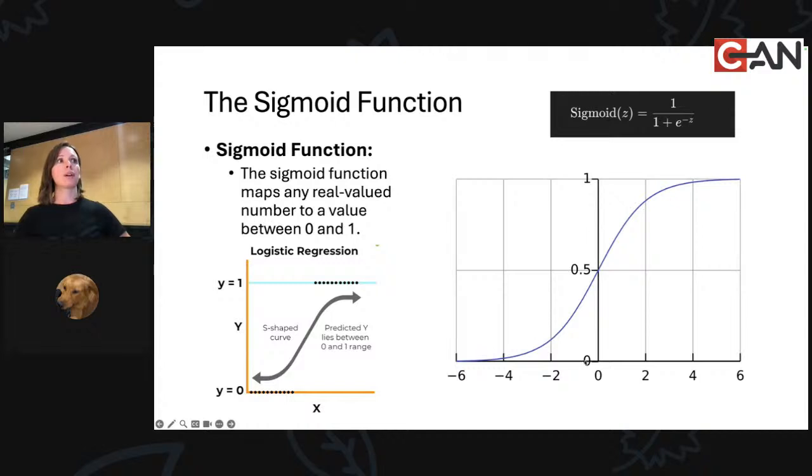So if we put in 2, somebody tell me what the probability on this sigmoid curve is if we put in 2. Estimate, just guess based on the picture. 0.9. Yeah, that's right. So 0.8, 0.9, somewhere in there, right?